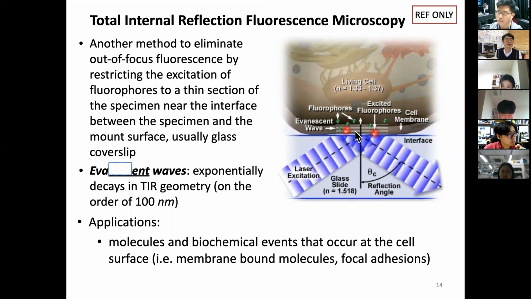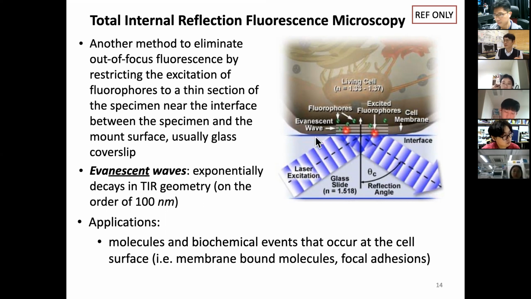This you can consider as a synapse, synaptic cleft, and those are very tiny phenomena, and you can use this one. So what I can say is, Nobel Prize winning super resolution microscopes use this total internal reflection geometry a lot. And in life science imaging, the majority of single molecule studies are using TIR geometry.